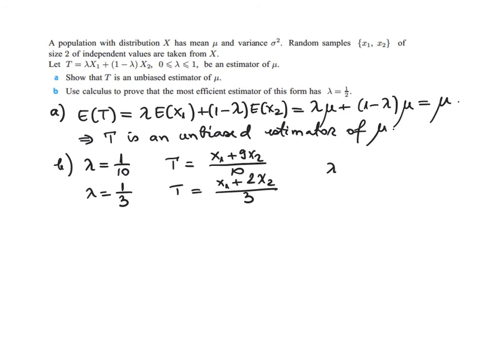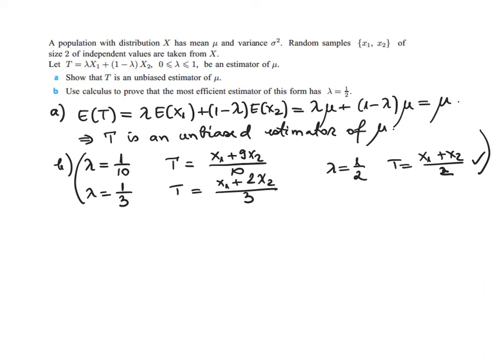If I take lambda half, which suggests it's the most efficient, I get T equals x1 plus x2 over 2. So that's what I need to prove, that lambda equal to 1 over 2 gives the most efficient estimator. This was just me trying to make sense of the rule.